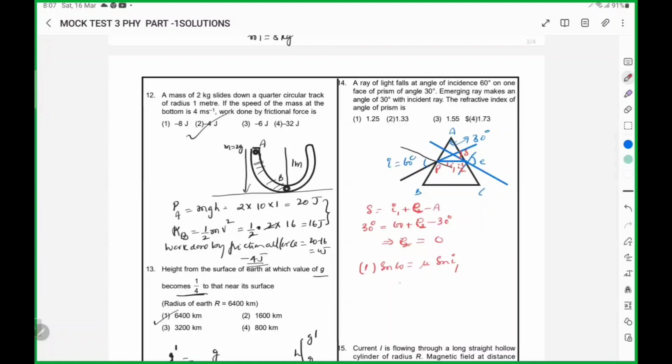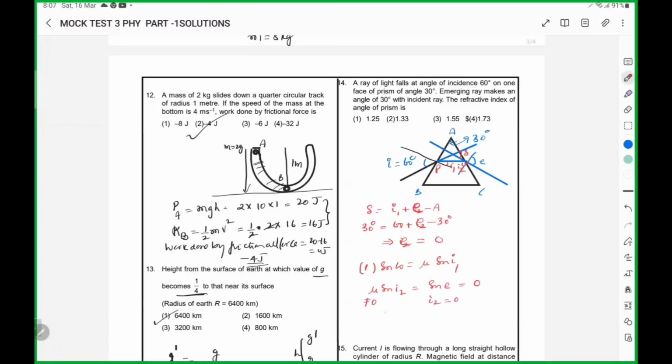Again, when it leaves the glass medium to the air medium, mu into sine I2 is equal to sine E. So that E is 0, mu can't be 0, so I2 will be 0.